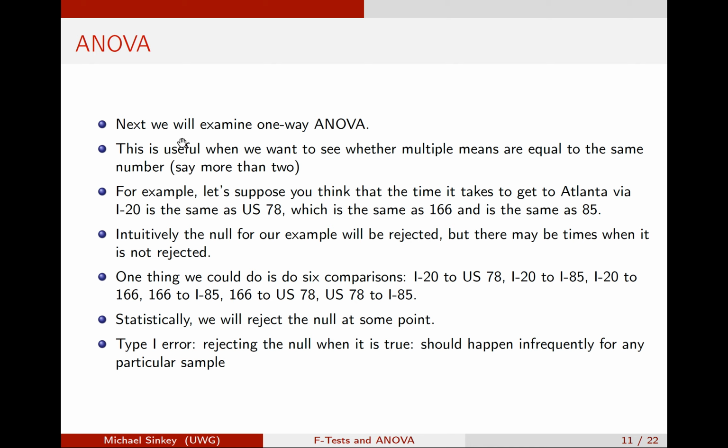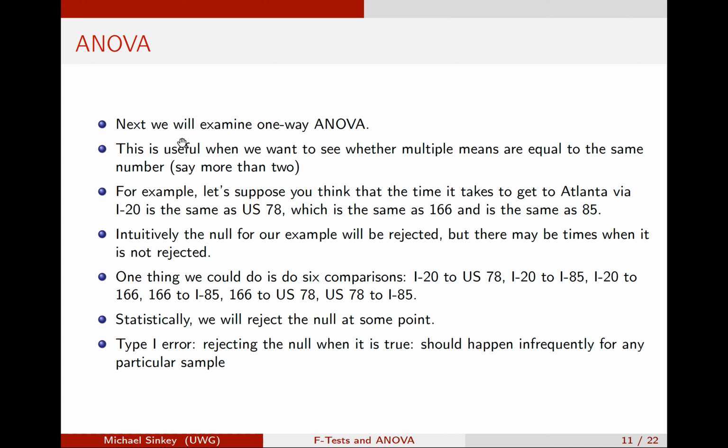For example, let's say I wanted to test whether different routes to Atlanta from Carrollton have the same mean. There are a few different ways I could go. I can go up 119 to Temple and take Interstate 20 to Atlanta.